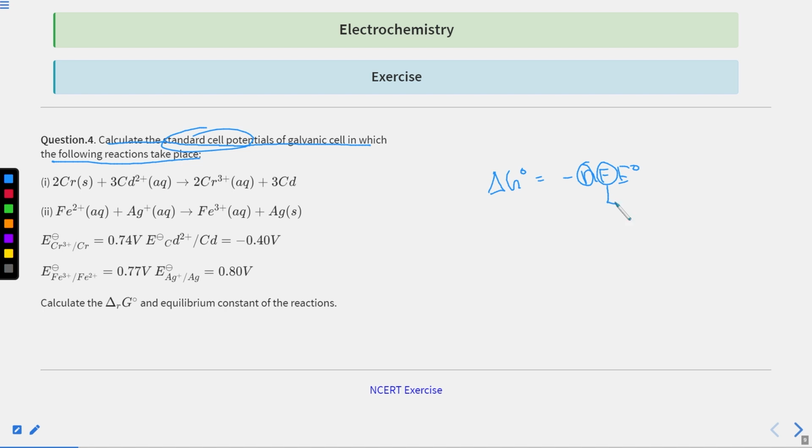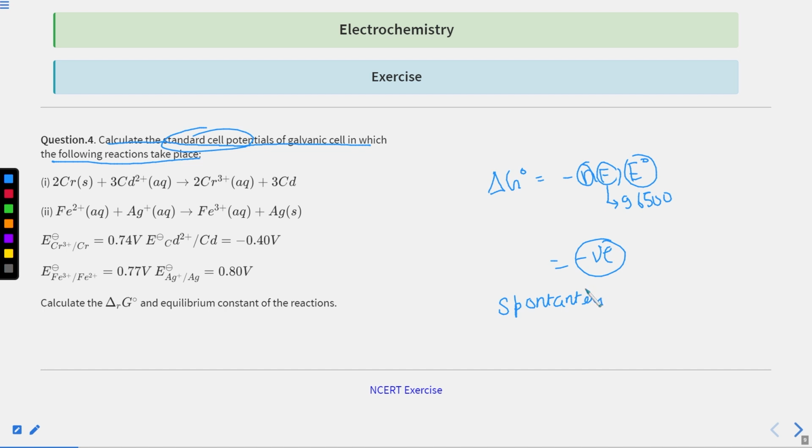So it will always be positive. Talking about Faraday's constant, it is 96500. It is a constant, this value is fixed, and it will never be negative. Now, the delta G, or the spontaneity, I would say, will totally depend upon the E naught value. If this value is positive, delta G naught will come out to be negative, and we know that for a negative value of delta G naught, the reaction is spontaneous and the reaction will happen.